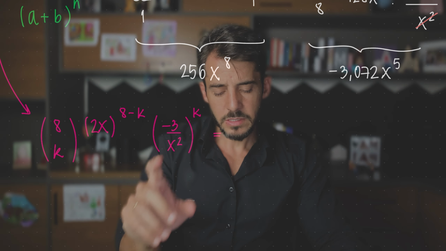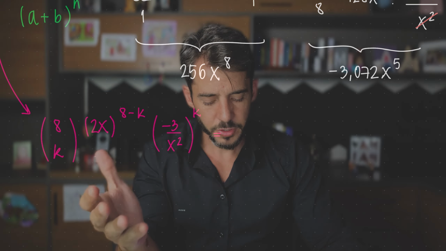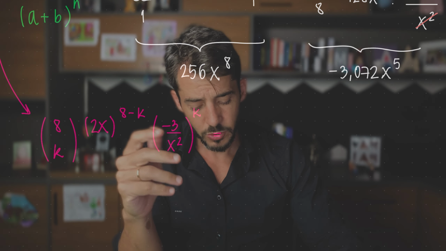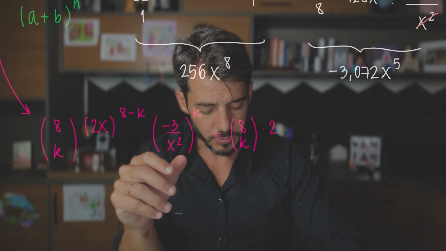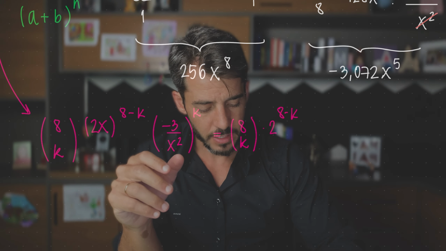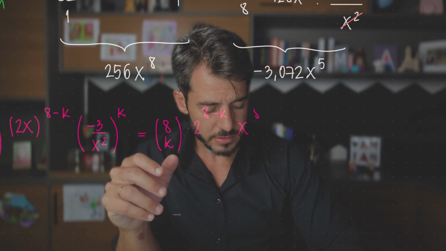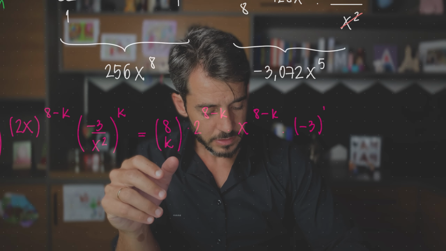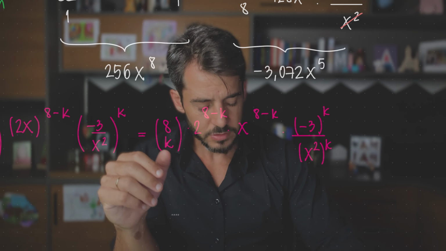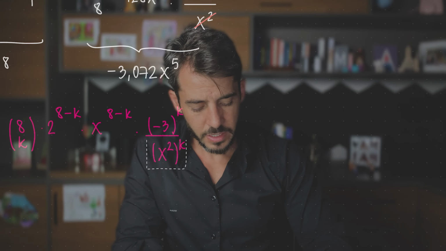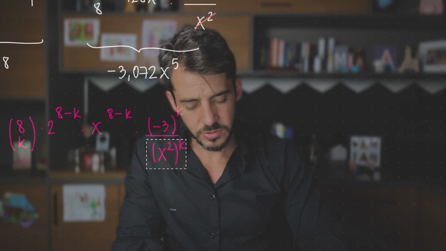We're going to raise each individual number or variable to the given power. So we're going to have a choose k, which is the binomial coefficient, times 2 to the 8th minus k, times x to the 8th minus k, times negative 3 to the k over x squared to the k. Now, x squared to the k is the same thing as x to the 2k.